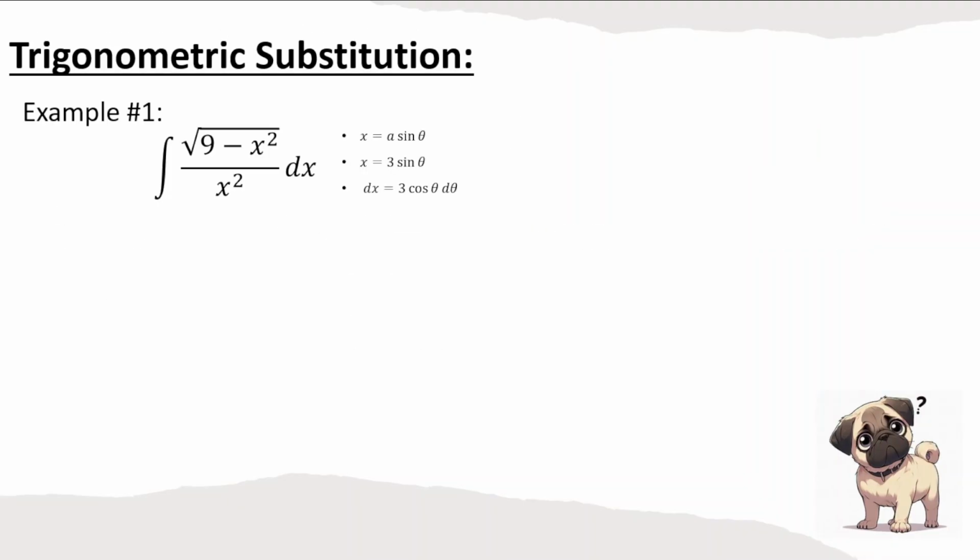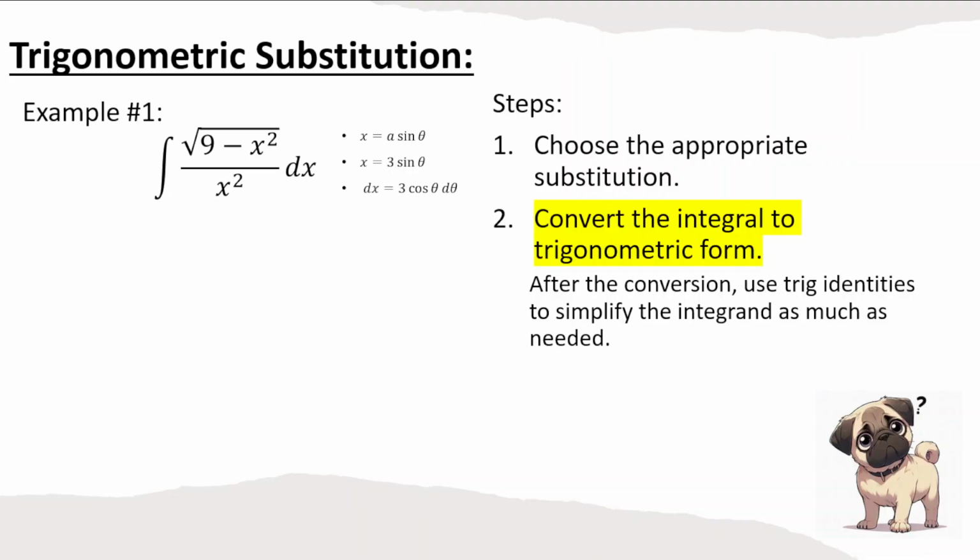All right, so now we'll perform the substitutions. We'll clear off the board and do the work here. Once we choose this appropriate substitution, we want to convert the integral to trigonometric form. Now, 9 minus x squared converts to 9 minus 3 times sine of theta quantity squared, over x squared, or 3 times the sine of theta squared.